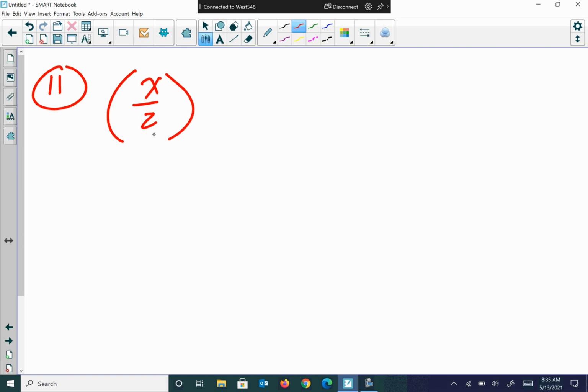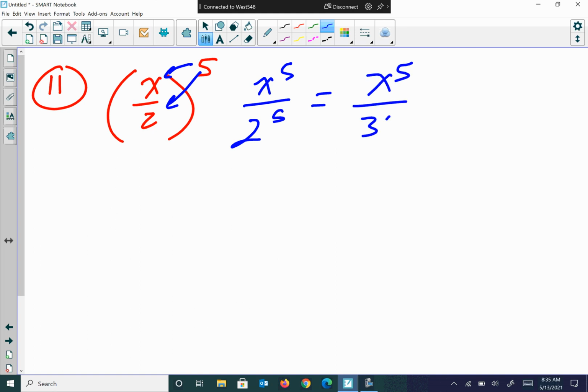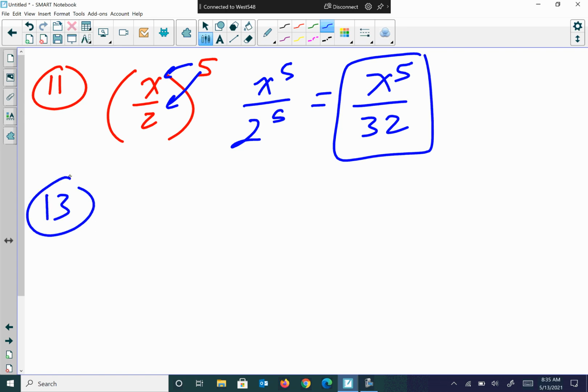Okay. All right, so then we have this one. So this goes here, so I get x to the 5th, 2 to the 5th. I'm pretty sure you can do 2 to the 5th. You go 2, 4, 8, 16, 32. So the 2 raised to is pretty easy to do. Then 13, we got 3 x squared y to the 4th times 7 x to the 3rd, y to the 5th. So we just combine things.